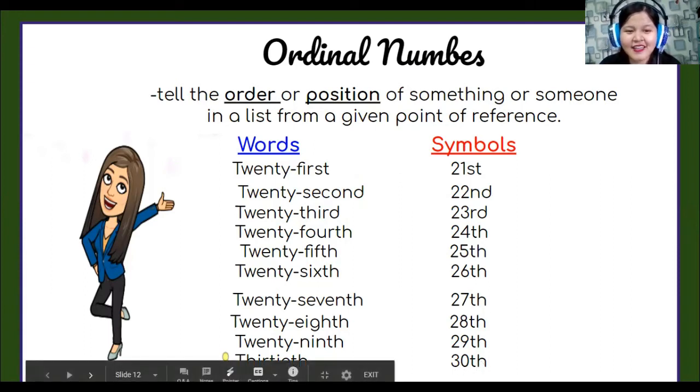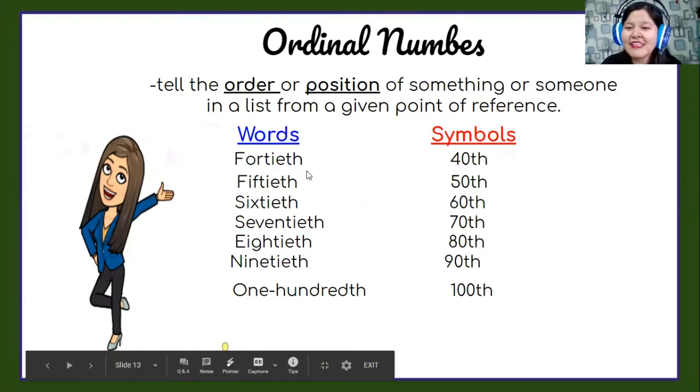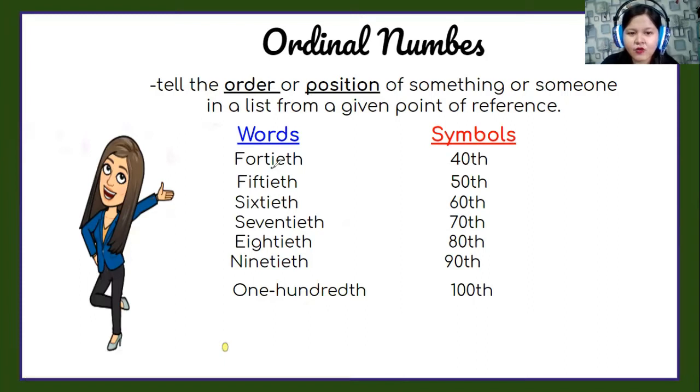Another one, we have 40th. From the word forty, we have a change here. Before it was letter Y, the Y became I and E. Let's write it. For example, forty.